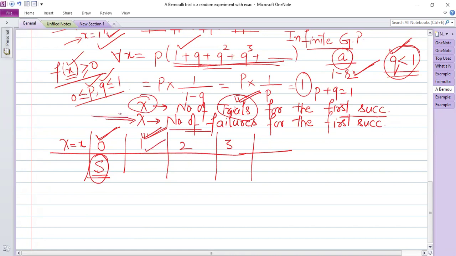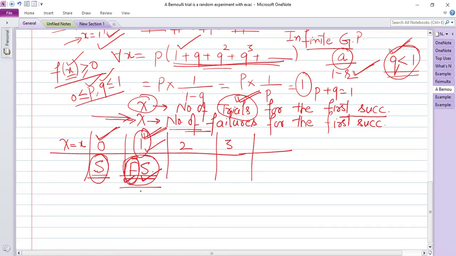Then what is the meaning of x equal to 1? This case will be failure and success. It means I have conducted the Bernoulli trial 2 times. First time I got failure, and second time I got success, so I stopped. Now for this one, how many failures are there? One failure.